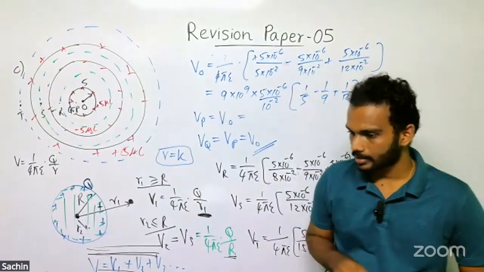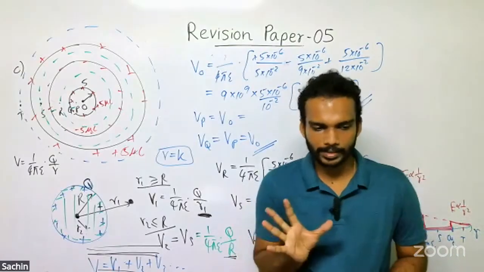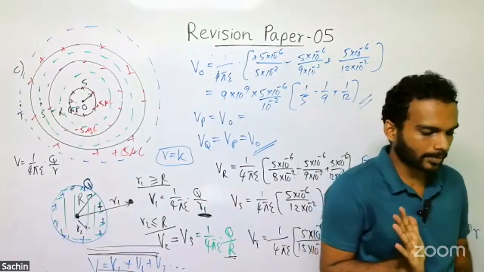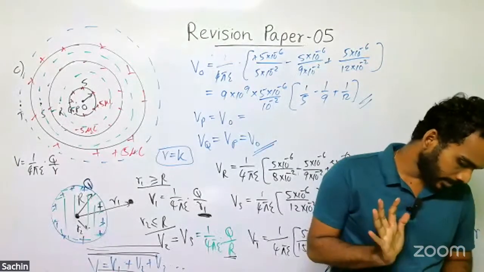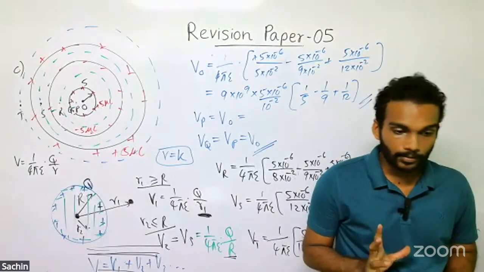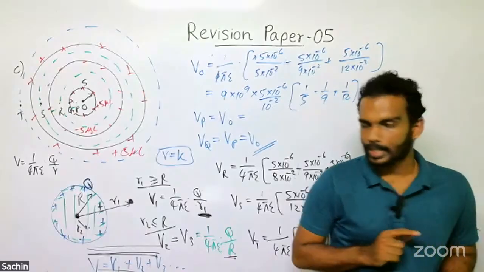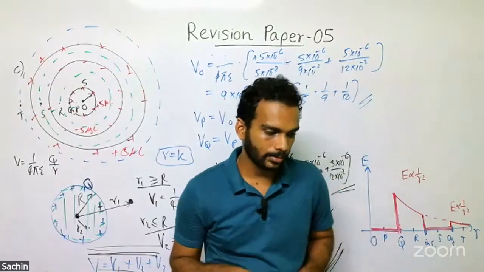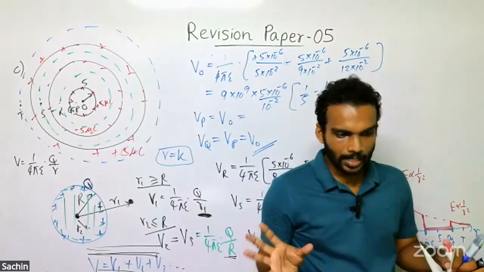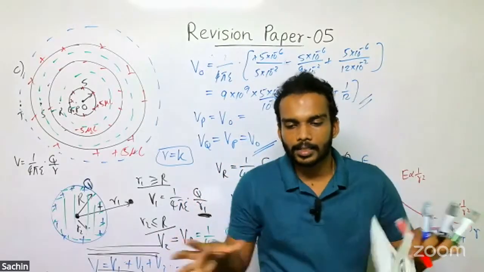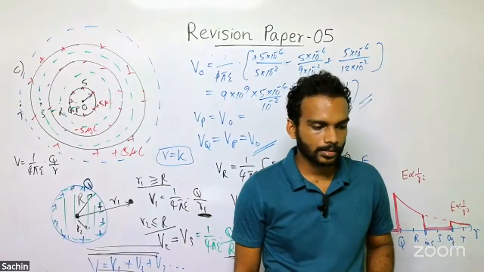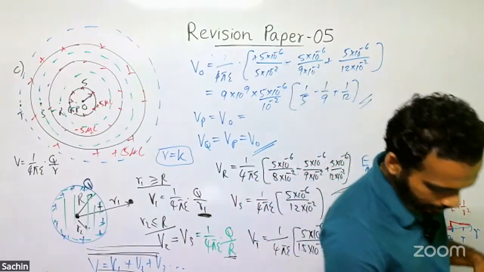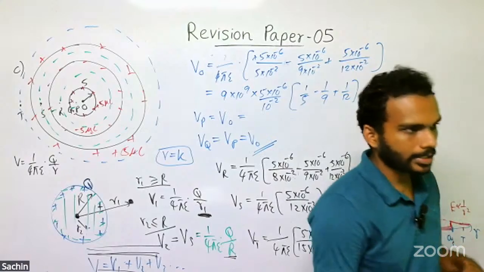So this year, I don't know whether this will be 100% sure or not, but mostly it will be either electric field or magnetic field. Okay, maybe both of them. So when it comes to electric field and magnetic field, sometimes they can give combined questions. Okay, so keep that in mind.